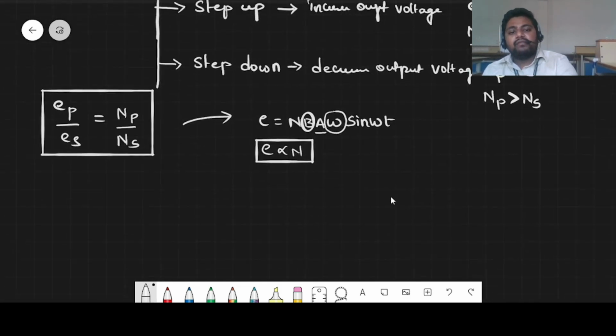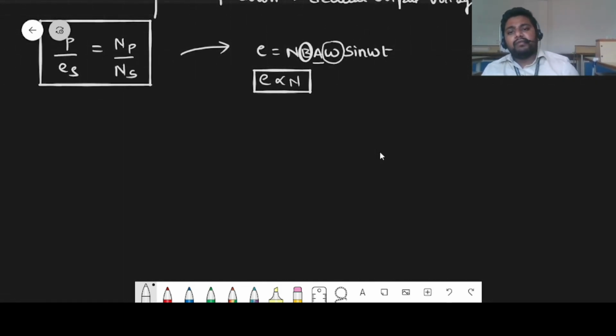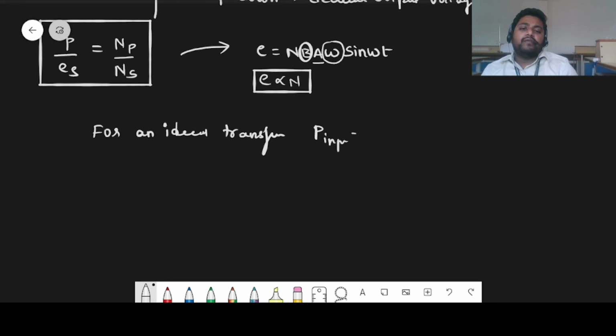Now, if you are talking about power, for an ideal transformer, power input will always be equal to power output.